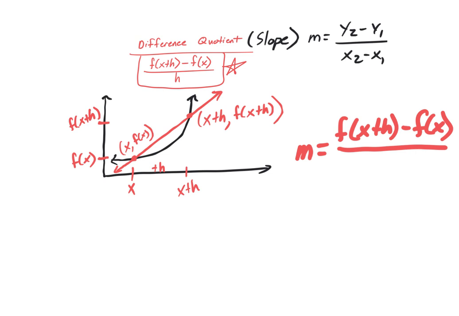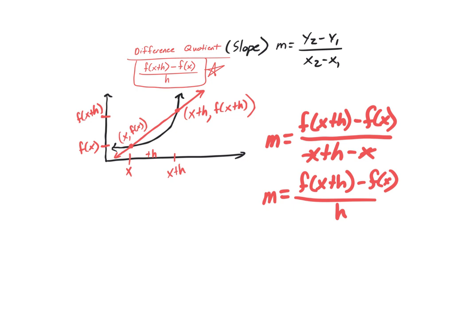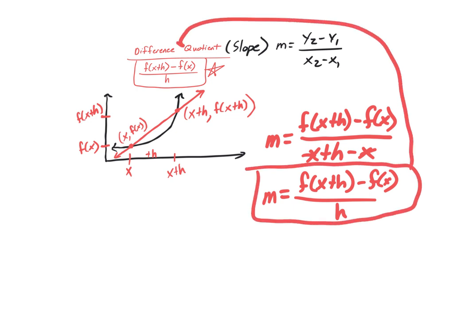So we're going to do x plus h minus x. We can't simplify the top, but on the bottom, the x's can knock each other out. And that leaves us h. And that's our formula.